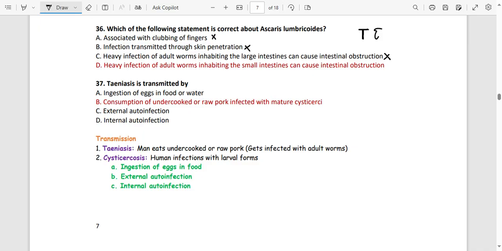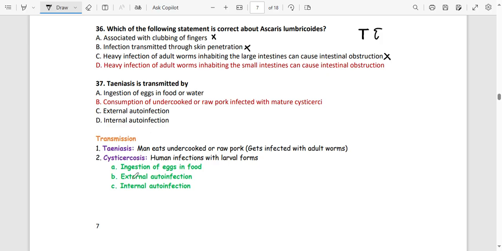Yes. Thank you so much, Doc. Yeah, that's the basic thing.